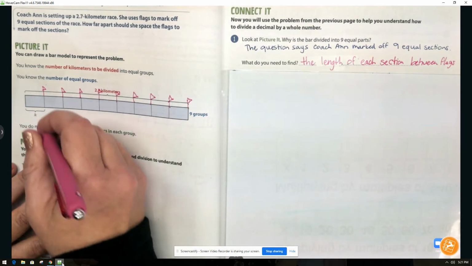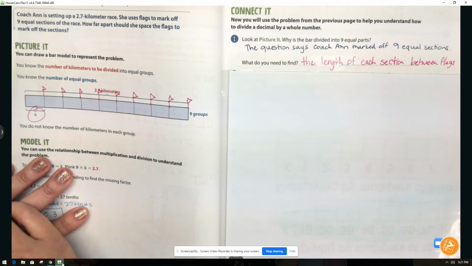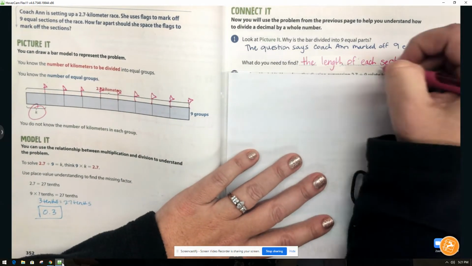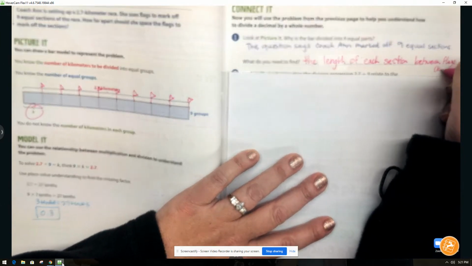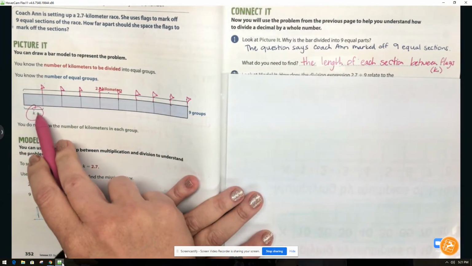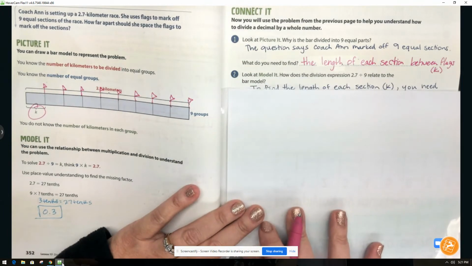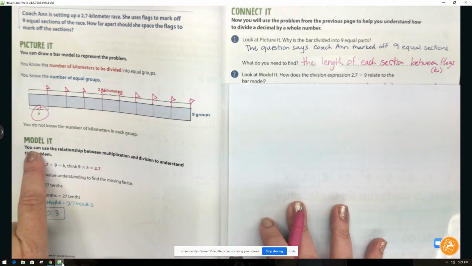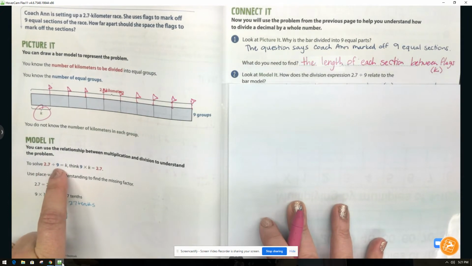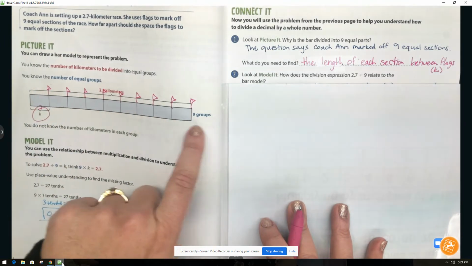And then what we don't know is this right here. How long is K? In fact, I'm going to put a little parentheses K, because that's telling us how long this section here is. Now, if we're looking at the model down below, how does the division expression 2 7/10 divided by 9 relate to this bar graph up here?